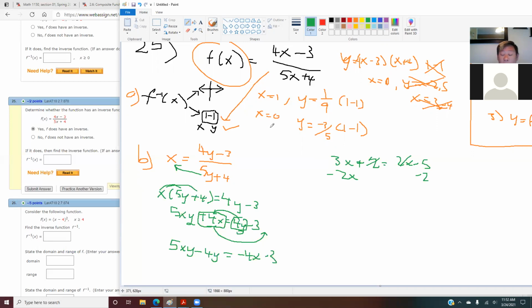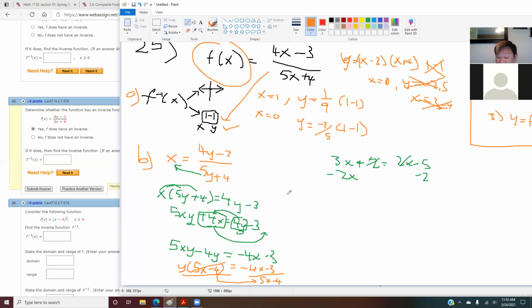And then the main part here is that because they all have y terms, you can factor the y out. So you will get y times 5x minus 4 equals negative 4x minus 3. And then you divide by this fellow, 5x minus 4.